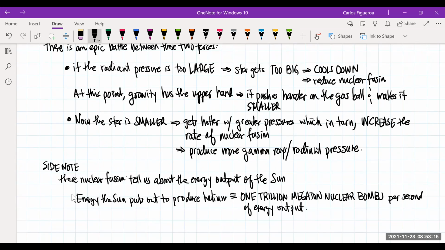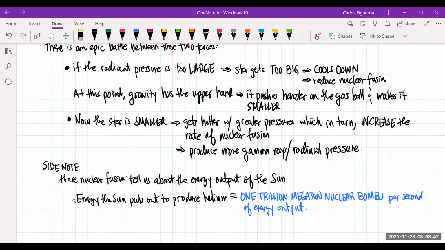Think about that, right? This is just an incredible number. So every second, the sun is releasing 1 trillion megaton bombs per second. So the sun is literally exploding all of the time.